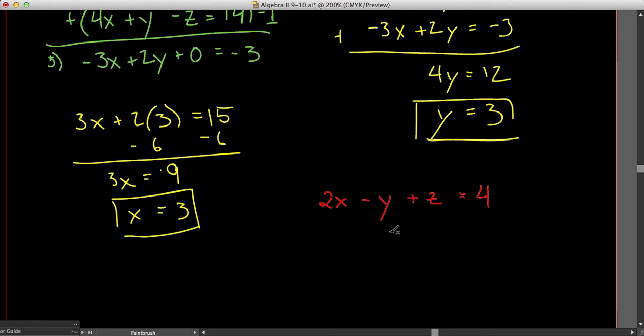And then we can plug in x and y as 3, so 2 times 3 minus 3 plus z equals 4. 2 times 3 is 6, minus 3 is 3, and then we bring 3 to the other side, and we're left with z is equal to 1.